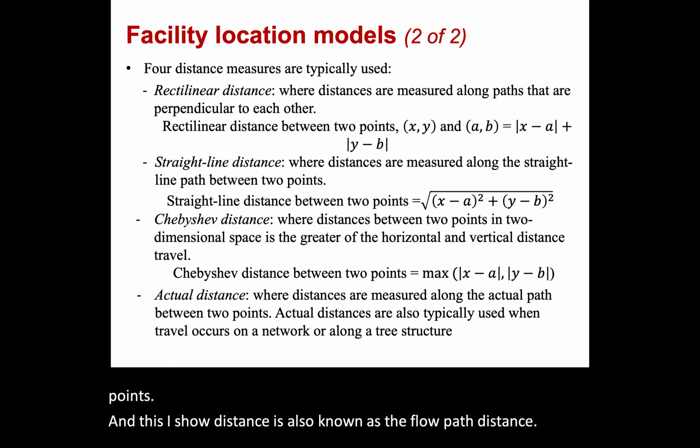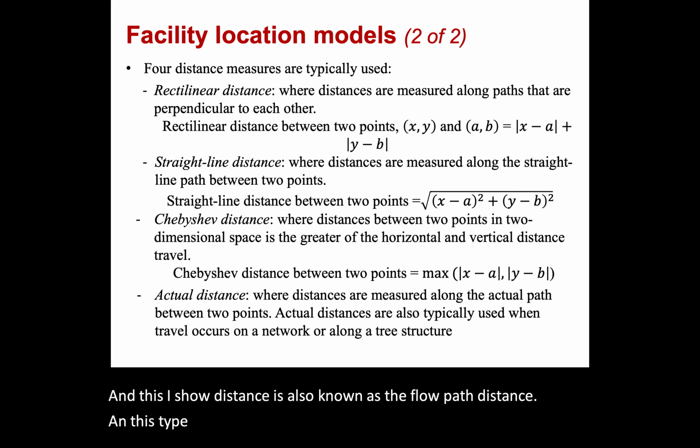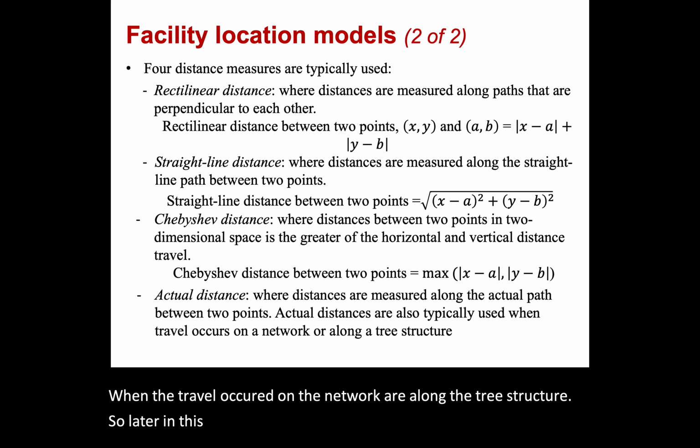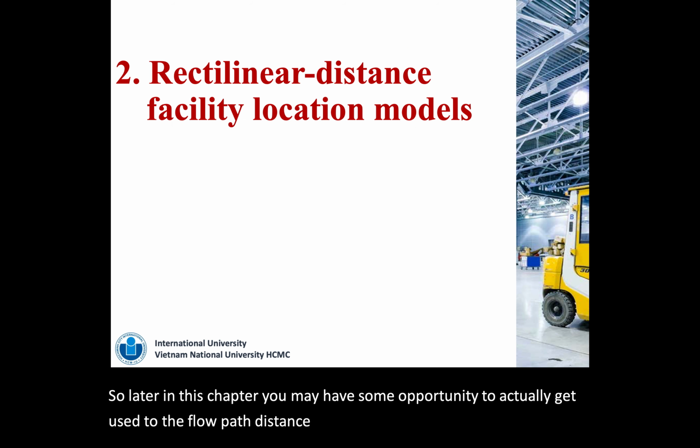This type of measure is usually used when the travel occurs on a network or along a tree structure. Later in this chapter, you might have some opportunity to get used to the flow path distance, or actual distance.